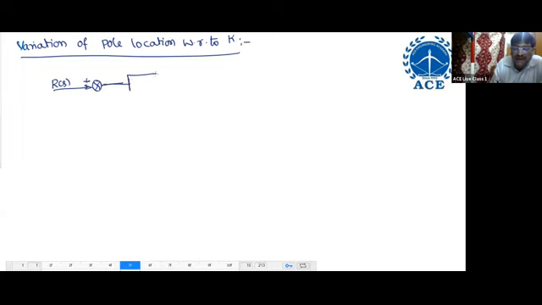Here we have to connect a system gain K.